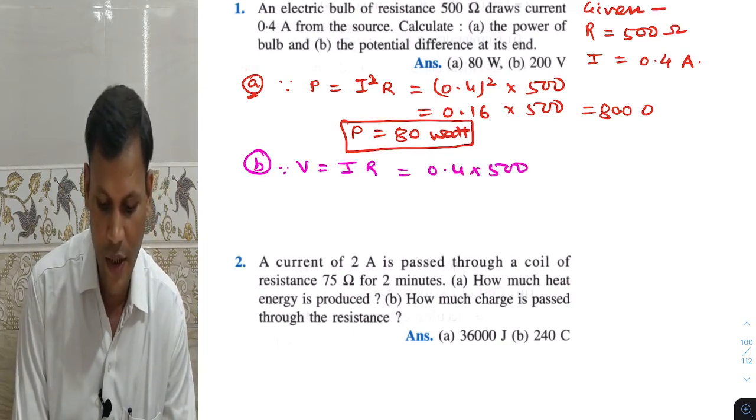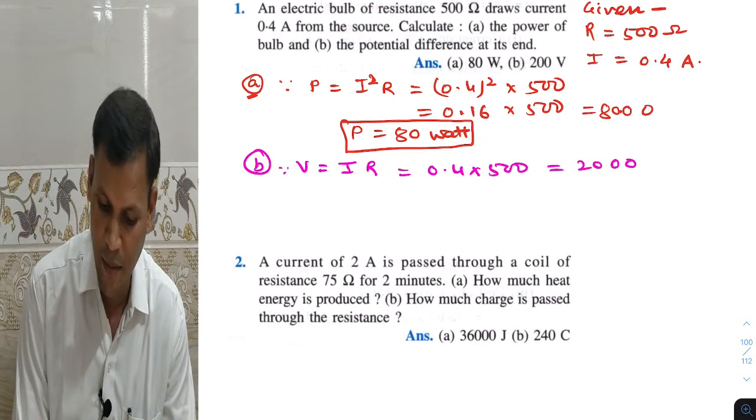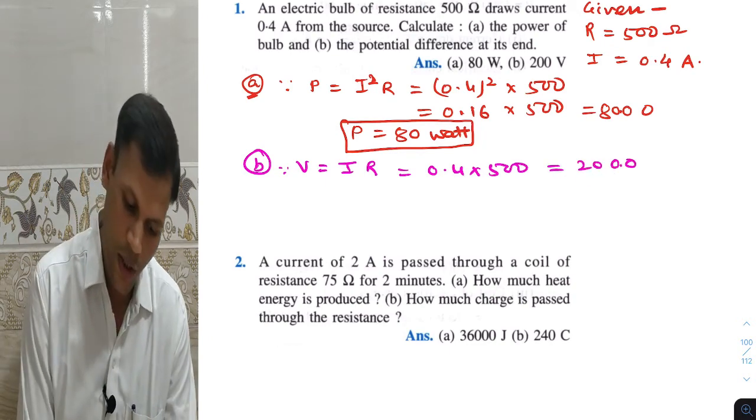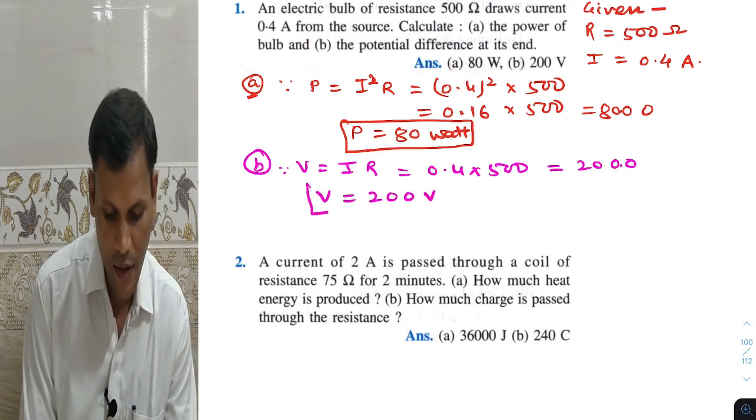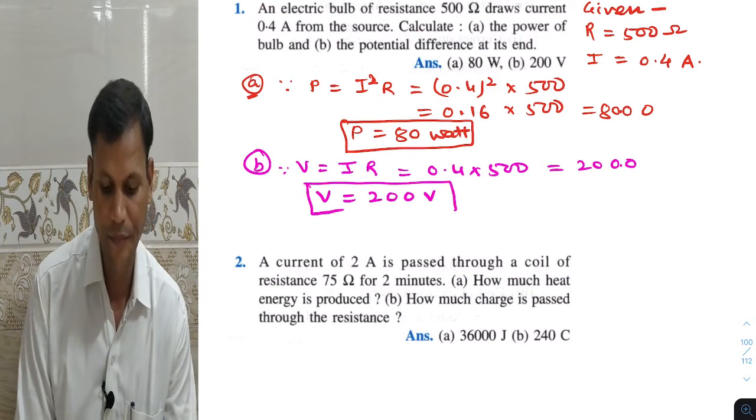So 4 fives are 20, double zeros and decimal at single place. So V will be 200 volt. This is the final answer.